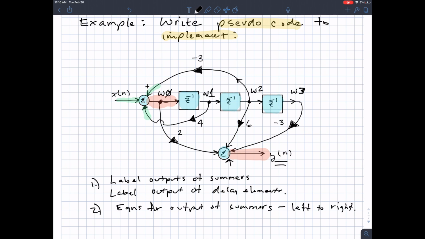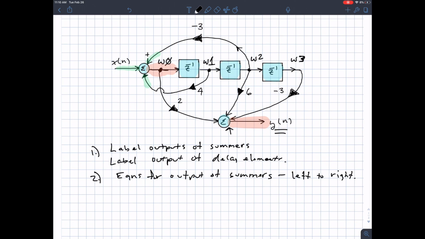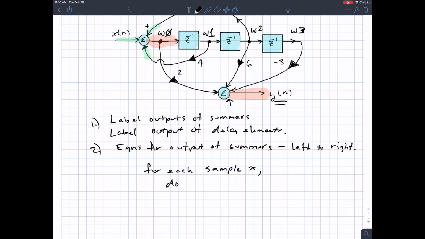I look at the corresponding label points to write down the output of the summer. So for each x, remember x is the samples of the input, we're going to do the following. We're going to write down the output.